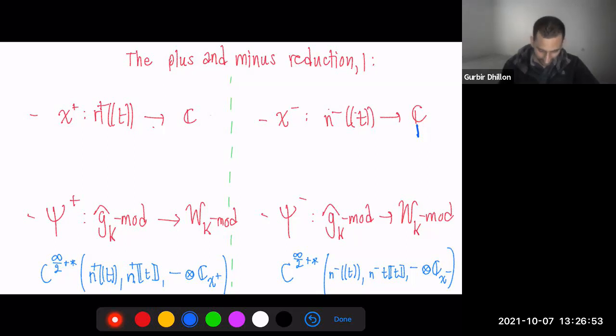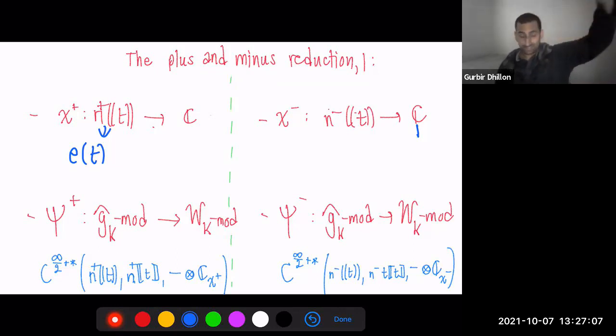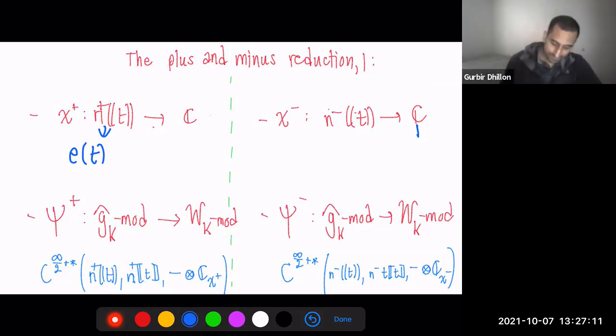And so what do we do for the plus reduction? If we take some element in this loop algebra, you think about it as some raising operators valued current on some formal disk. So to get, not necessarily a number out of it, but a power series, you would just apply psi plus to E of t.